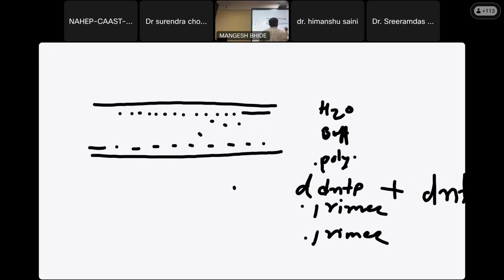If the dNTP looks like this, the ddNTP looks like this. So you can see the chemical structure, but I don't want to spend time on that. If it is a normal T, after that the polymerase can put G, C, T, A, and so on.